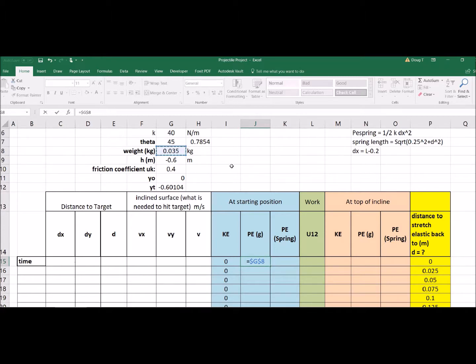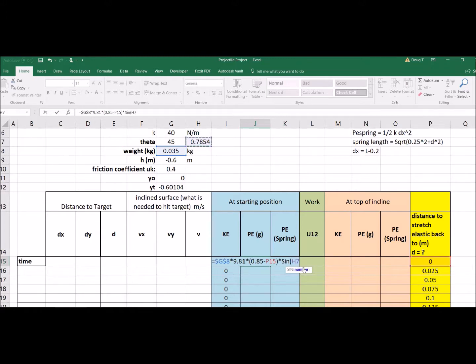So there's m, g, and then our h for this one ended up being 0.85 minus, and this is the distance we're stretching it back to, times sine of, and I have this angle up here calculated in radians.